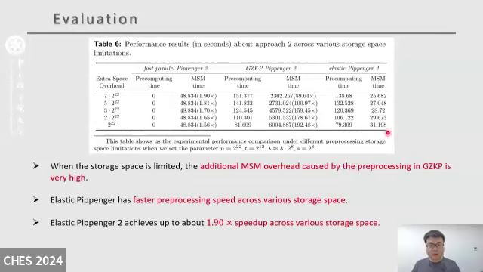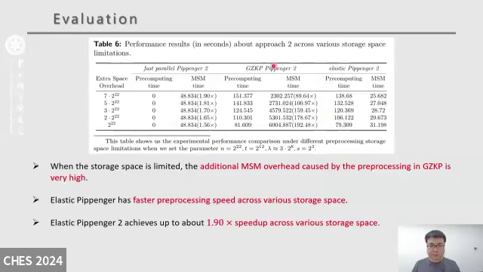Okay, let's see the evaluation. This table shows us the performance results about approach 2 across various storage space limitations. From this column, we can see that when the storage space is limited, the additional MSM overhead caused by the preprocessing in GZKP is very high.